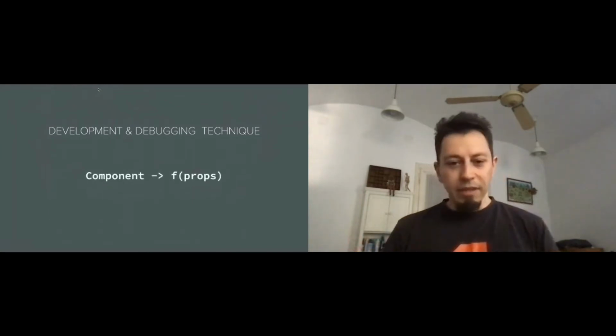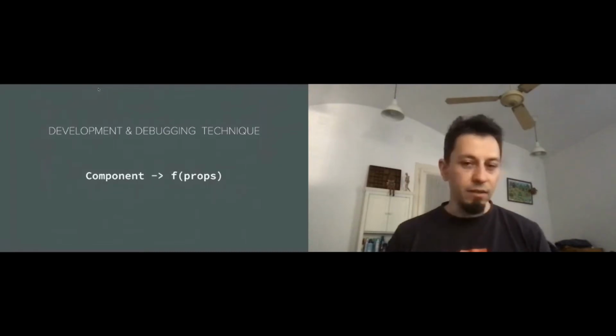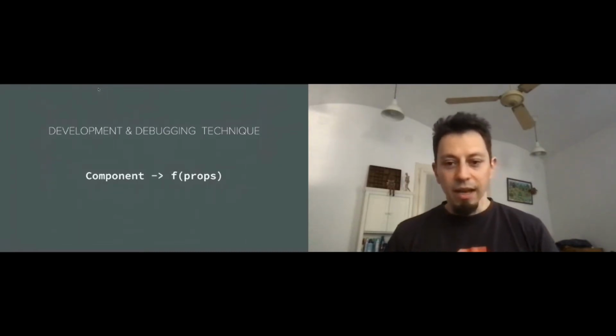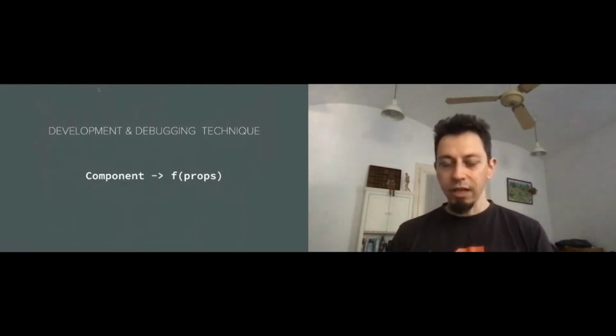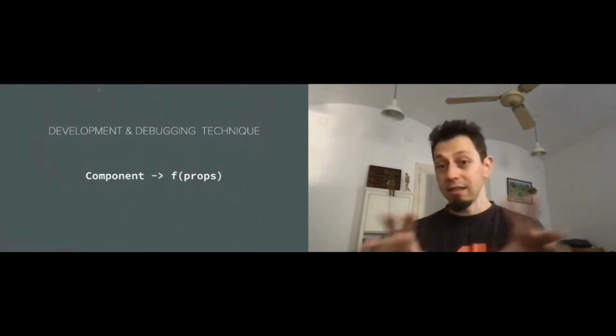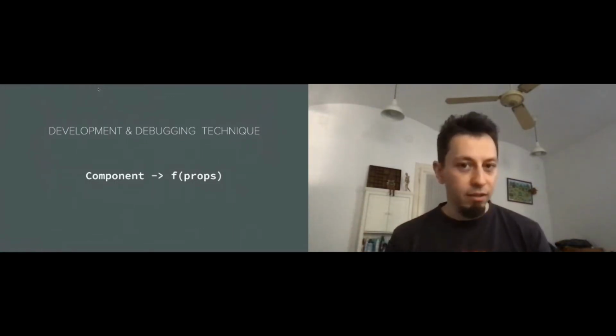At a very fundamental level, we can think of a UI component as a function of props, right? React popularized this idea. And if a component is a function of props, then we can take that function and execute it, not necessarily inside the application, but outside the application, just like in unit testing, right?